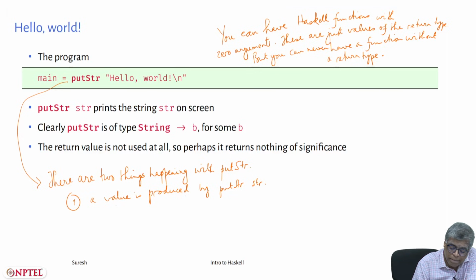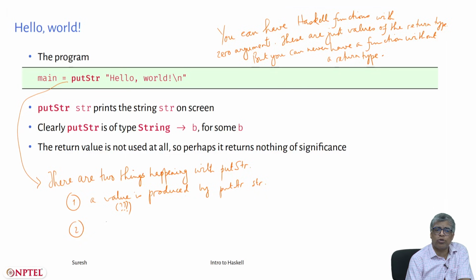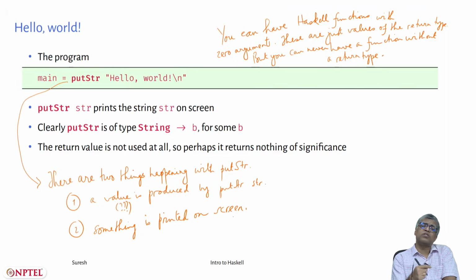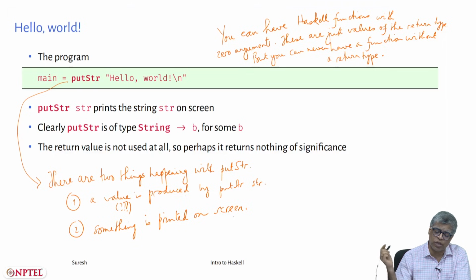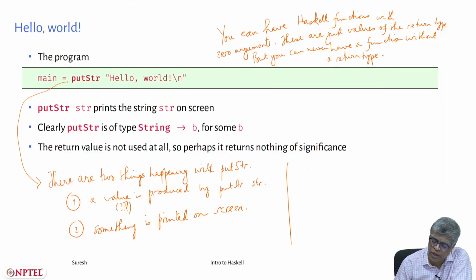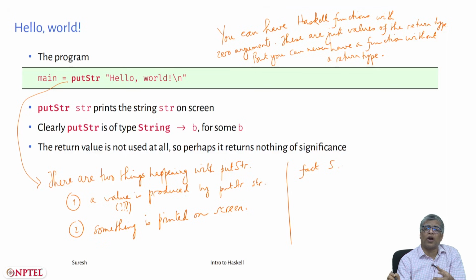What value? We'll come to that. But also something is printed on screen. Notice that this is different from all other functions we have seen so far. If for instance you say factorial 5, of course something is printed on the screen, but that is only because you ran it in GHCI.